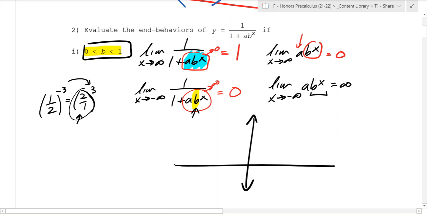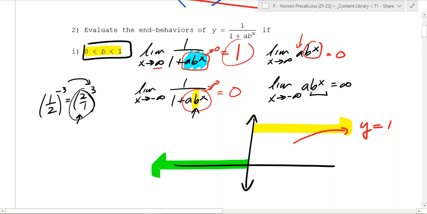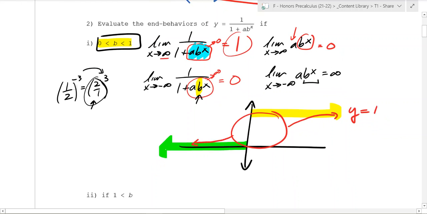As x goes to infinity, it goes to 1. So you have it going like this, approaching 1 like that, y equals 1. But then as it goes to negative infinity, it goes down, concave up style. We're going to examine what happens in the middle, but for now we just know it has 2 different horizontal asymptotes depending on which side you go to.